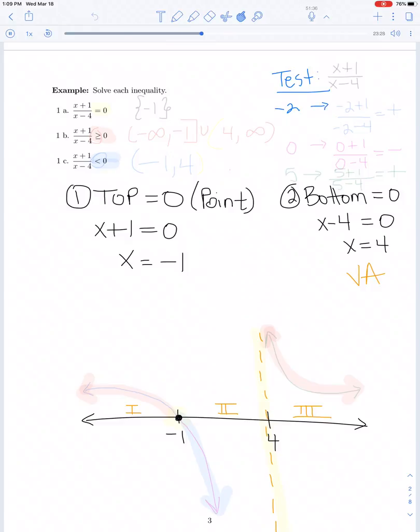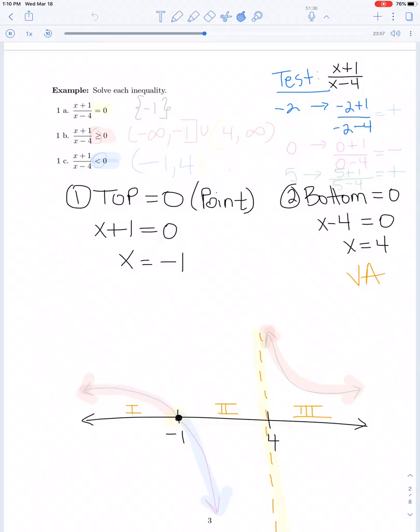Remember, we're plugging it in to our function, which was x plus 1 over x minus 4. So if we plug in a -2, it'll be -2 plus 1 over -2 minus 4. I don't care what the actual number is. All I care is whether or not it's greater than 0 or less than 0 so that I can figure out if I'm above the x-axis or below.